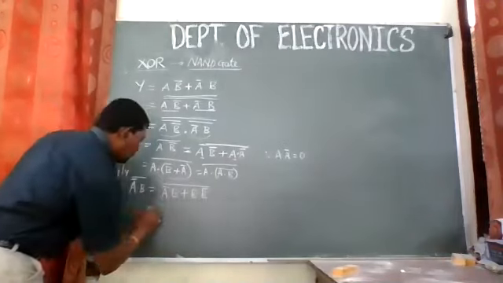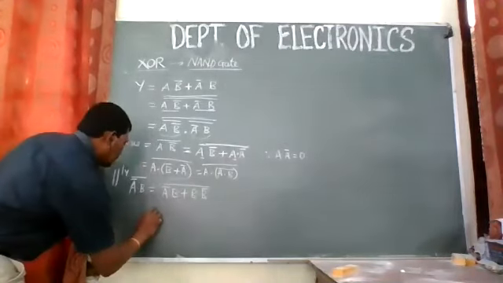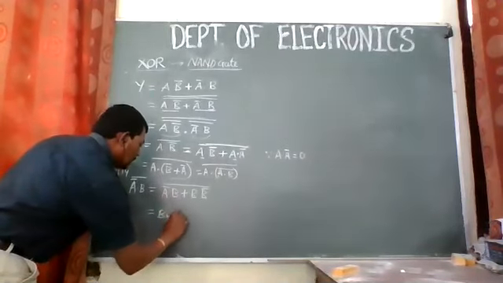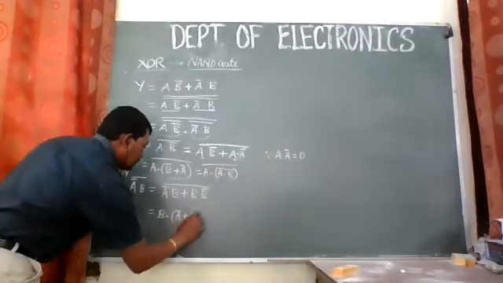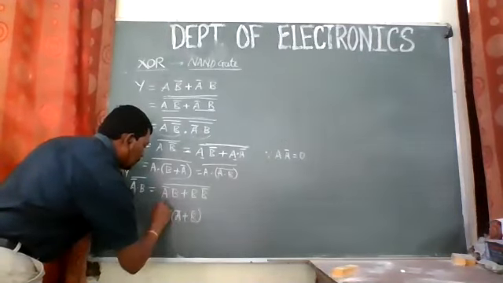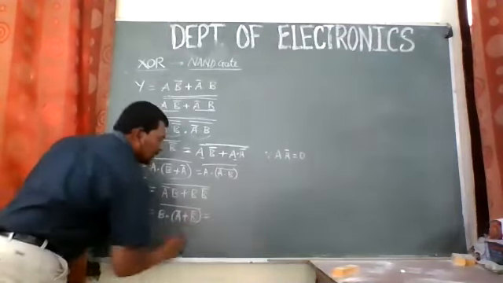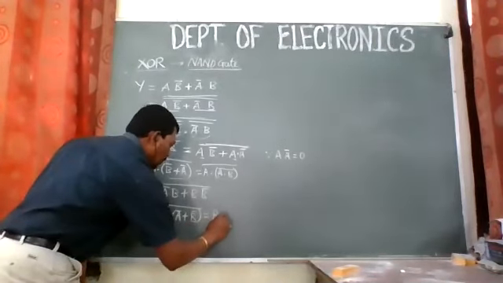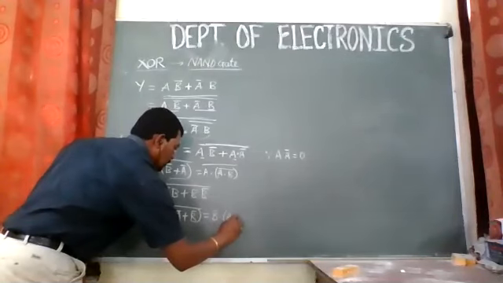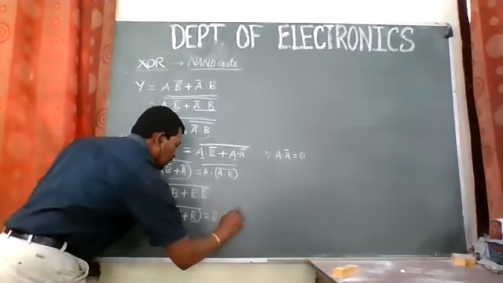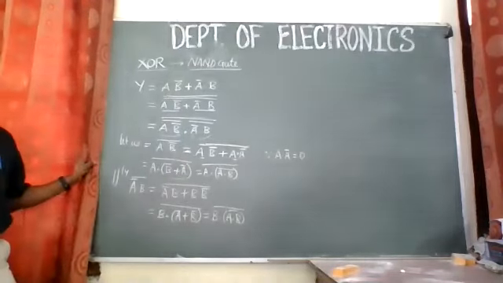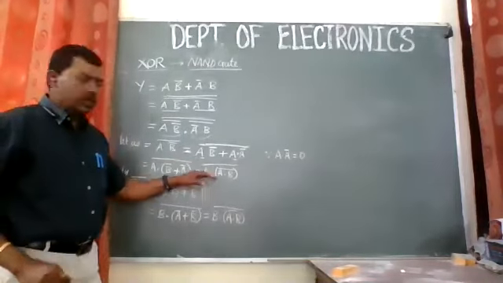Again we can bring B as common outside of the bracket. So B dot (A bar plus B bar) whole complement, and that can be written similarly as over here. So B dot, by using De Morgan's theorem, (A dot B) whole bar of bar, like this. So we have reduced this equation.